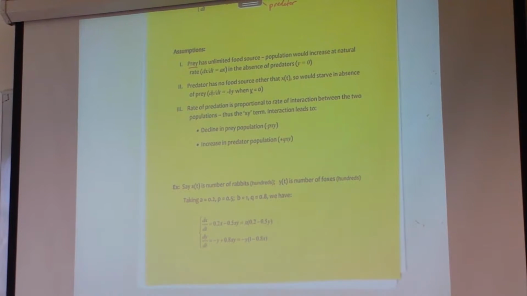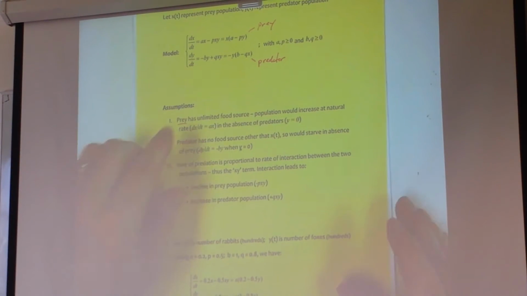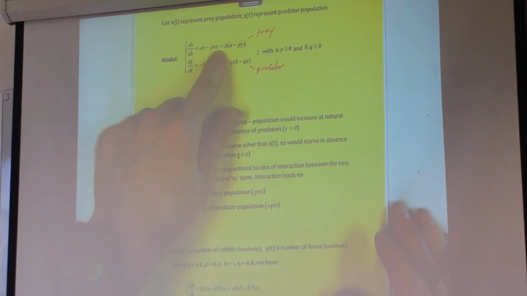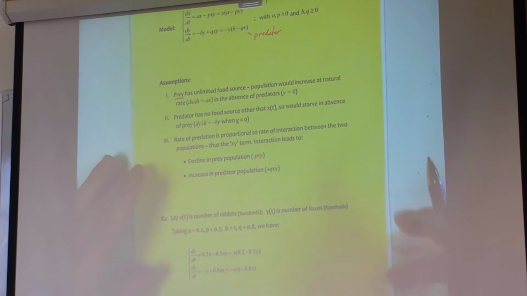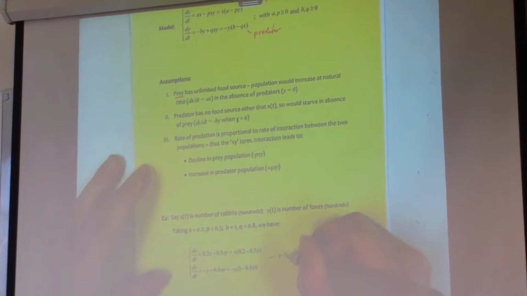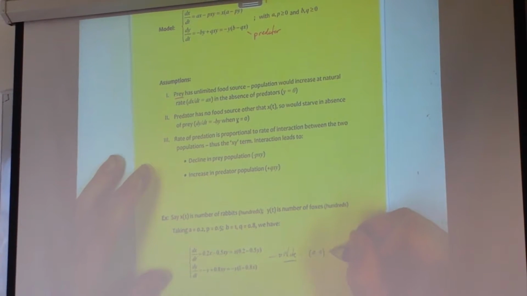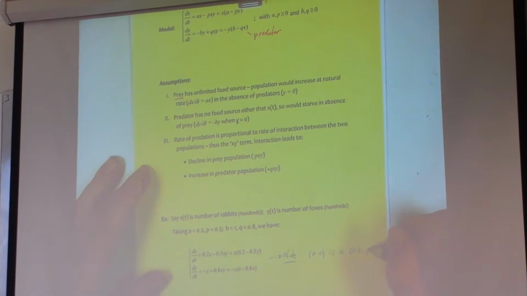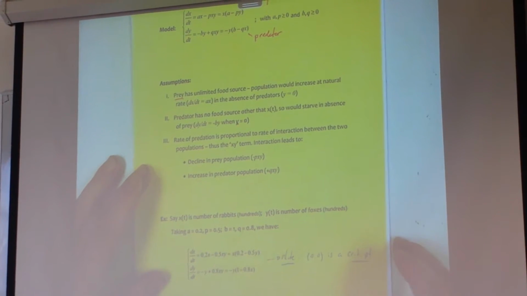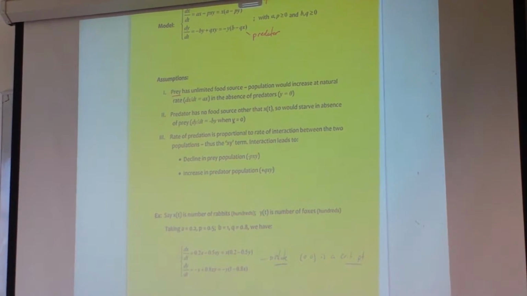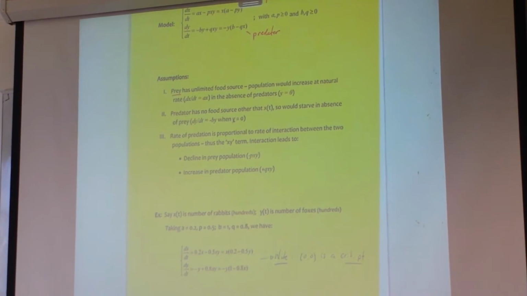is that since there is a variable in every term, one thing to note, 0, 0 is a critical point, always. Kind of a boring one, because what does that mean? Everything's dead. If at any point there are no foxes and no rabbits, then it stays that way forever.